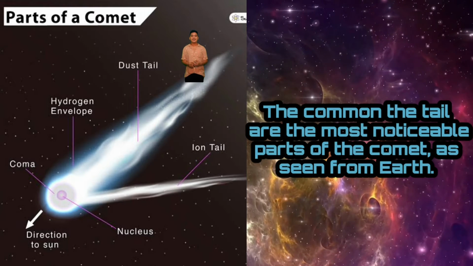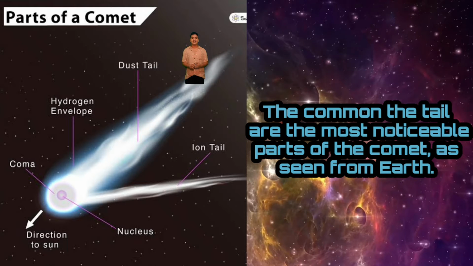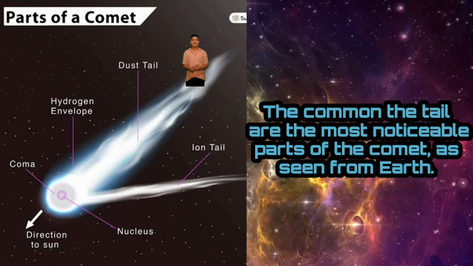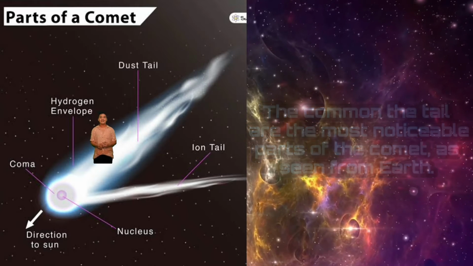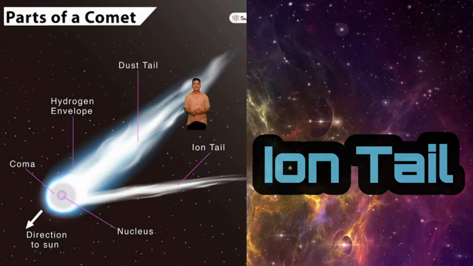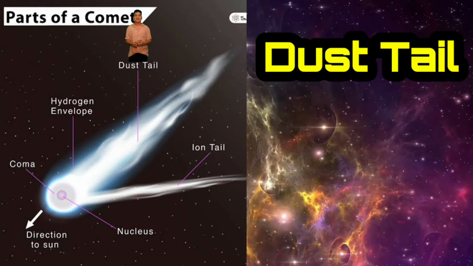The coma and the tail are the most noticeable parts of the comet as seen from Earth. We see these parts of the comet because they glow and form two tails: an ion tail, which is bluish, and the dust tail that is yellow and composed of neutral sodium atoms.